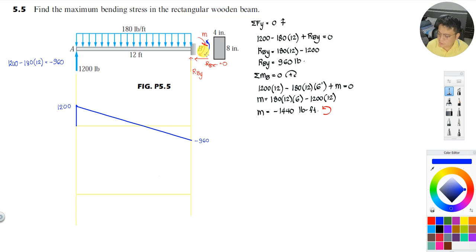Then, meron akong reaction na 960 at this point. So, you will be having a 0. Okay? So, you can have it as 0. So, this now becomes your shear diagram. Okay?